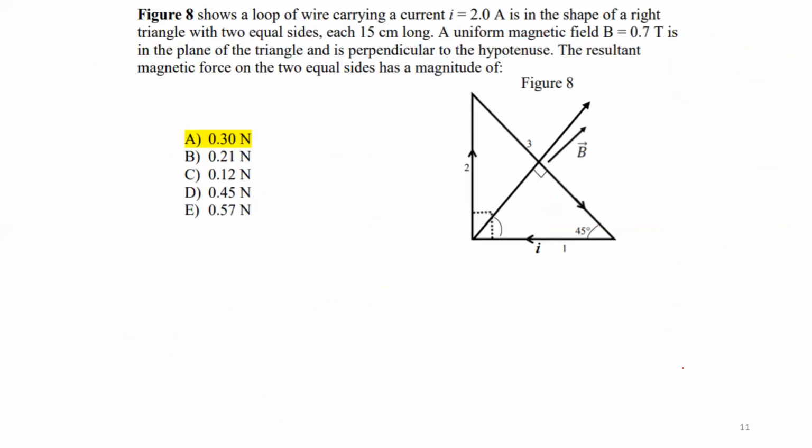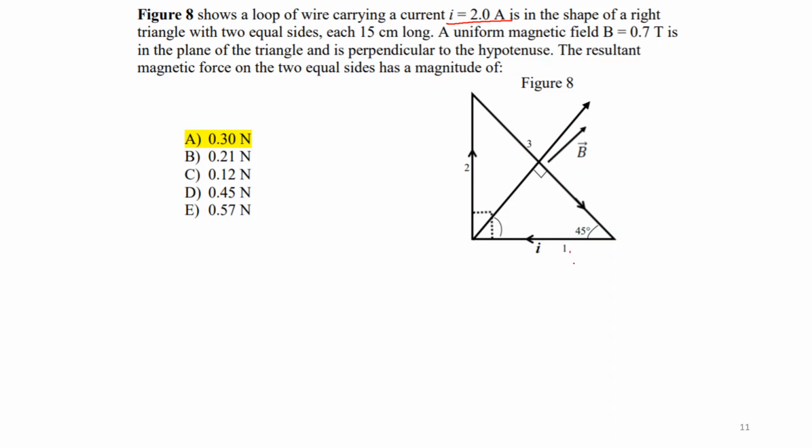Okay, let's solve this problem here. Read the problem very carefully. Figure 8 shows a loop of a wire carrying a current, and I give you the intensity of the current, 2 amps, in the shape of a right triangle with 2 equal sides, each 15 centimeters long.